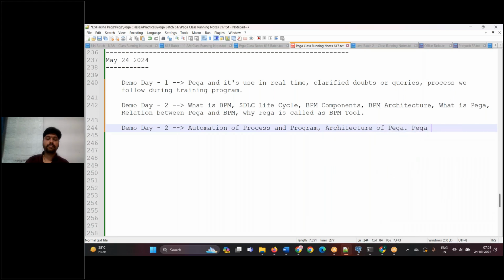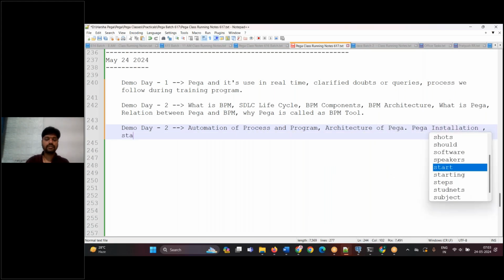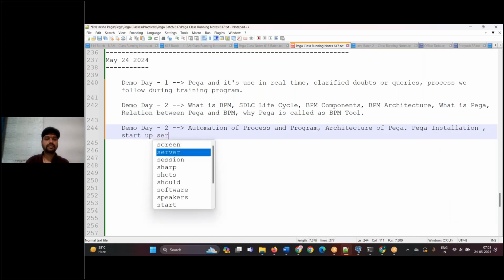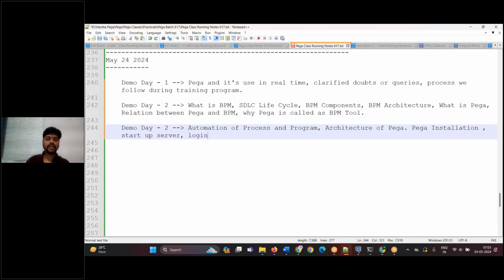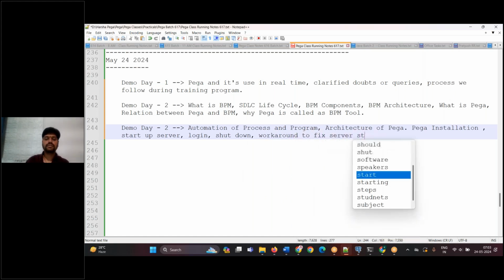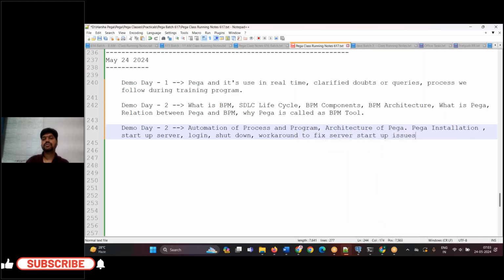Apart from this, Pega installation, startup, server login, shutdown, and troubleshooting server startup, and workarounds to fix server startup issues. This has been covered on day three.